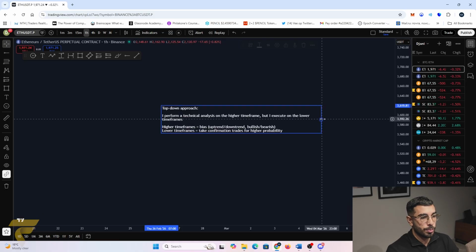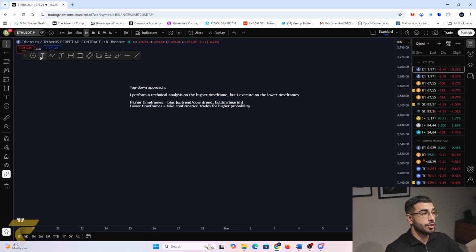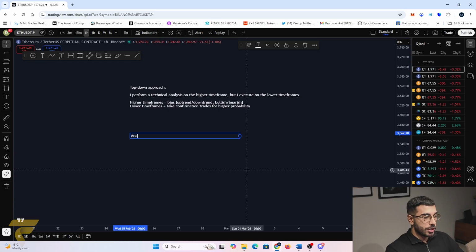And I will be giving you a very important table, which is also something that you should definitely note or write down. There's a clear difference between an analysis versus taking a trade, the execution. When we are performing a technical analysis on the 4-hour time frame, you want to take a trade on the 15 minute. 1 hour analysis means you want to take a trade either on the 3 minutes or the 15 minutes.